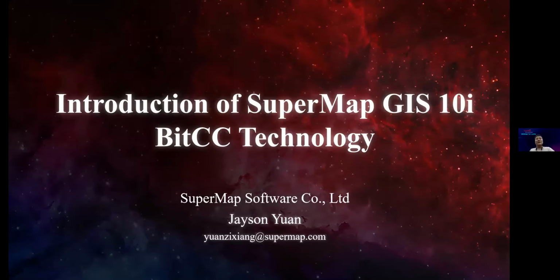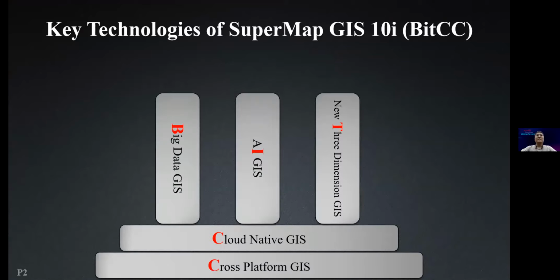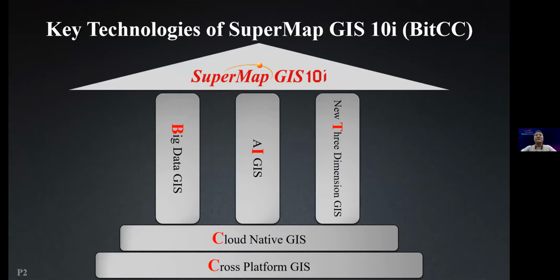Today, I'm glad to be here to share the SuperMap GIS 10i BitCC technology with all of you. First, BitCC is the 5 key technologies of SuperMap GIS 10i, which makes SuperMap different from other GIS platform providers.